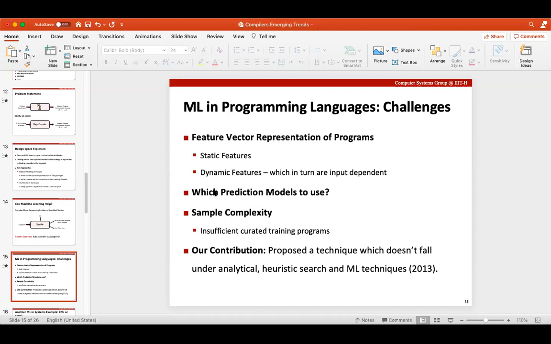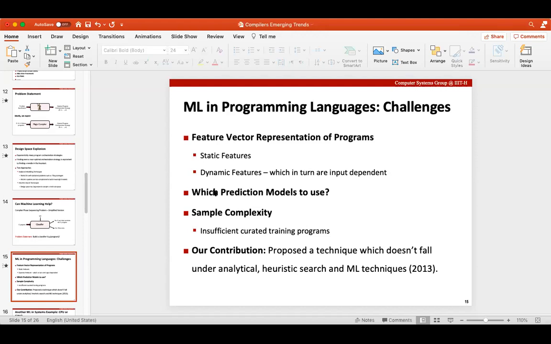There is a lot of research happening on which static features should be used and which dynamic features should be used. Also, in the program there is a rich control flow graph structure, and when we construct a linear vector out of this program, we are dumping out all the control flow information and coming up with static features.